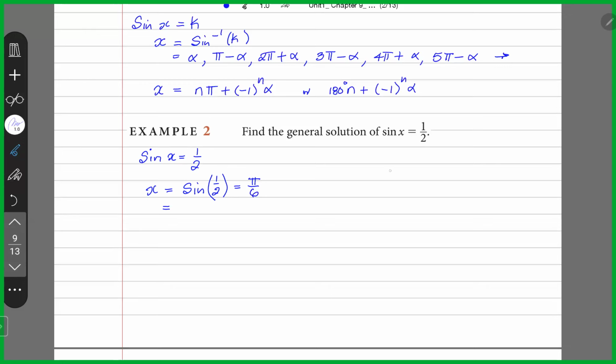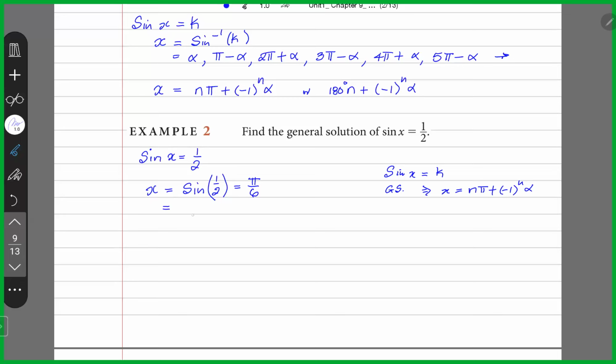Remember that the general solution for sine x is equal to k is x is equal to n pi plus minus 1 to the n alpha, where alpha essentially is that answer in the first quadrant.